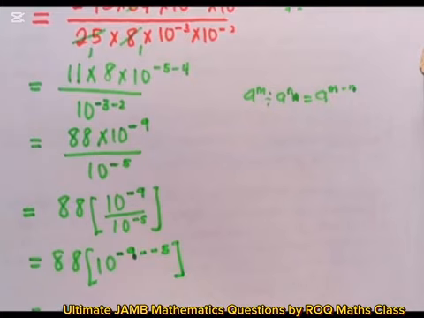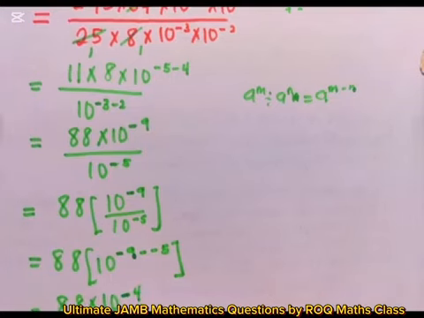So this is the same thing as 88 times 10 raised to the power of minus 9 plus 5, which is 10 raised to the power of minus 4. This is what we are going to actually have.